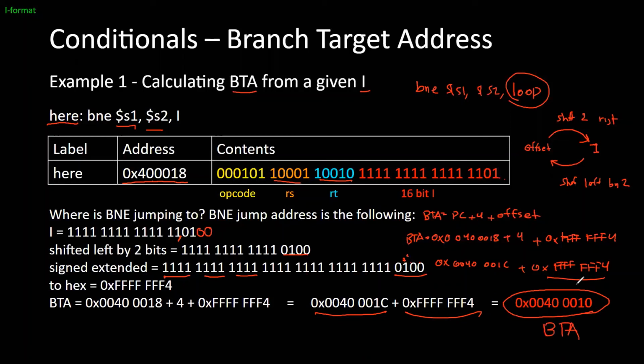Just to put it in context, that means if this branch was true, so this is not equal, so if these were actually not equal, we would jump and end up on this location. And that's how you convert from I, so you're given I, to BTA.